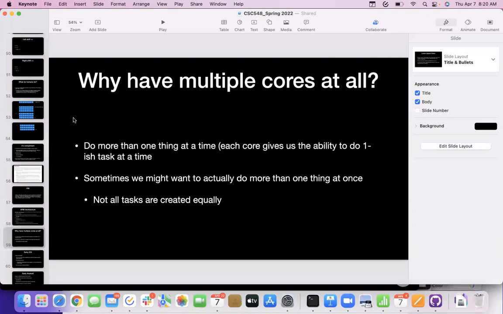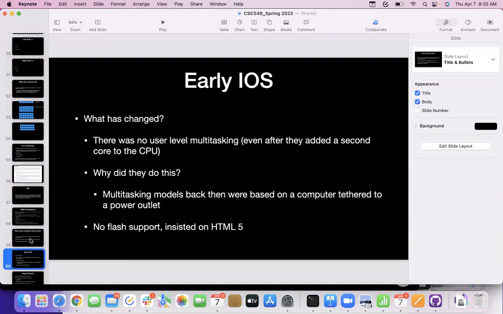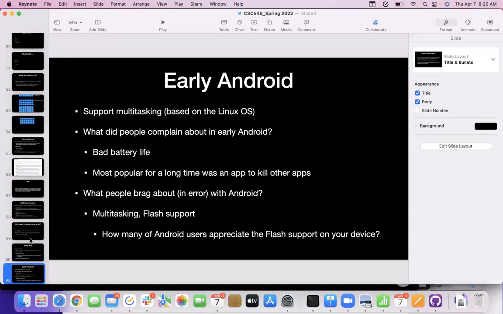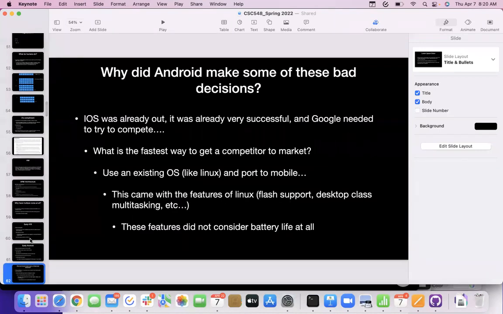Some use less electricity and perform at a slower rate, but are still perfectly acceptable for certain problems. So multiple cores, from the processor as a tool perspective, give us the flexibility for doing more than one thing at once, and we can choose what kind of core we want to use for those types of things. Okay, we've talked about iOS stuff, we've talked about Android stuff.